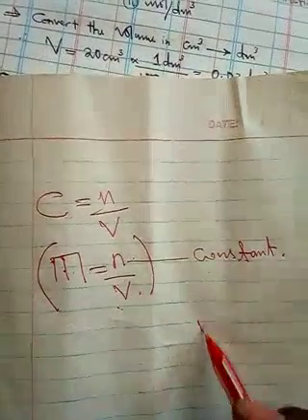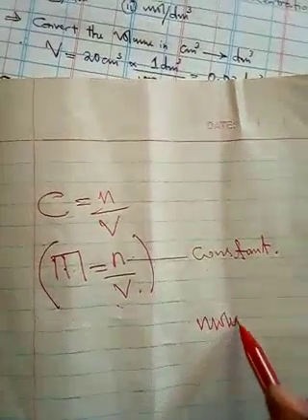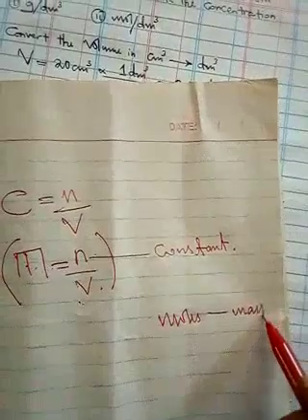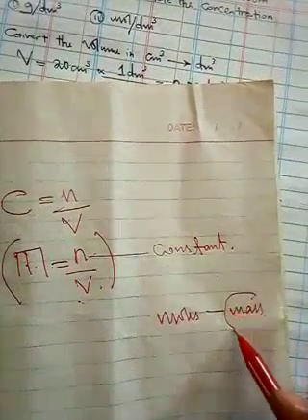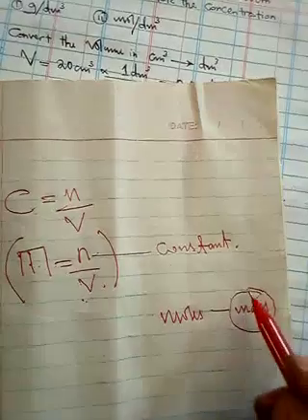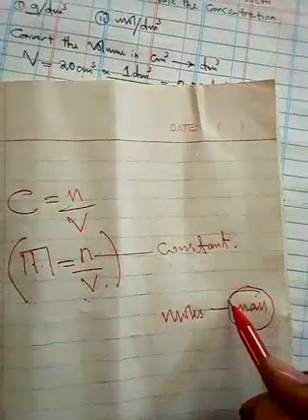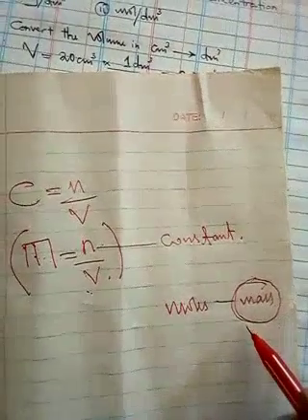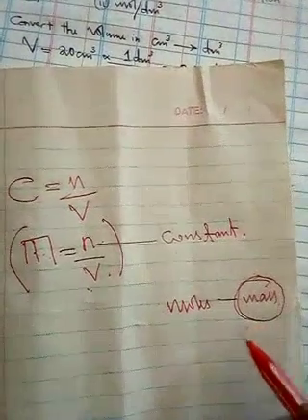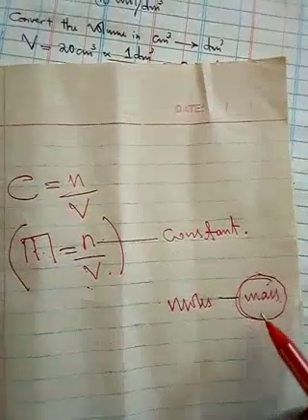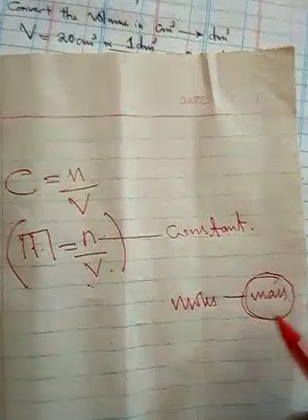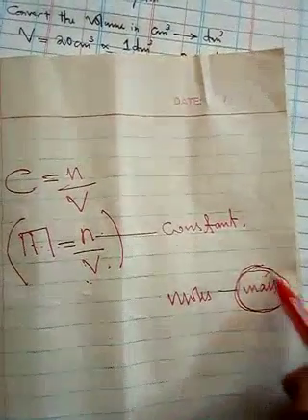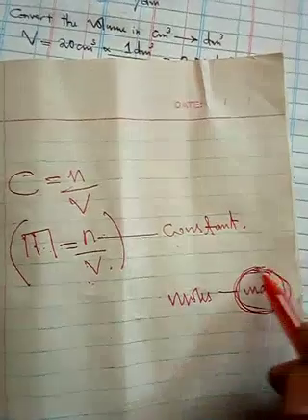Because your number of moles is just a derivative of mass. And how do we say when we're talking about mass? We say that the mass of a substance can neither be created nor destroyed, but can only be converted from one form into another. So mass is constant.